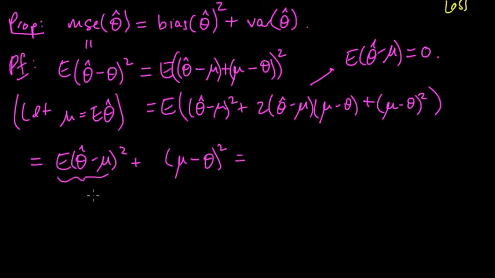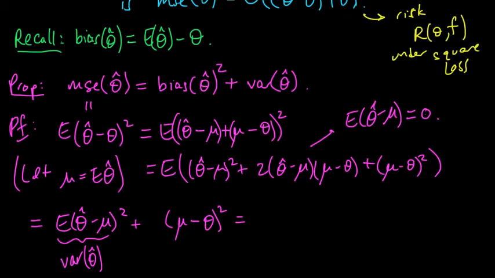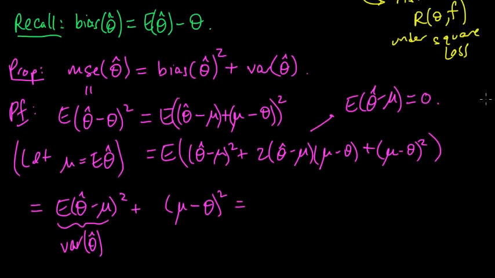And what is the last term? Mu is the expected value of theta hat, and theta is the value that it's trying to estimate. So if I flip these around, which I can because of the square, this is just the bias squared, right?